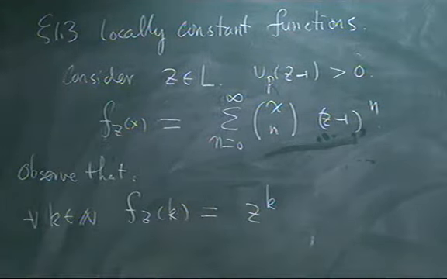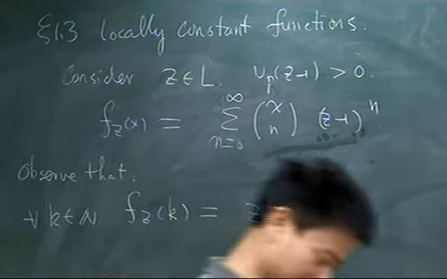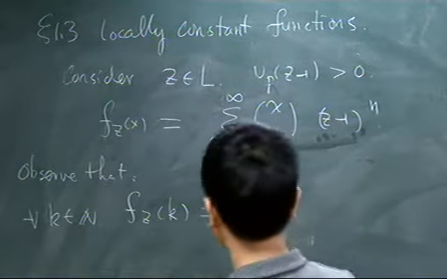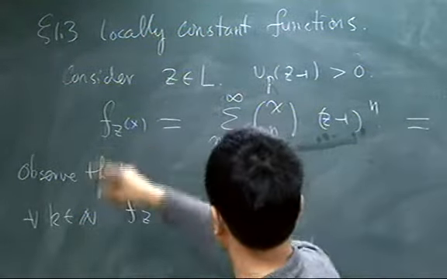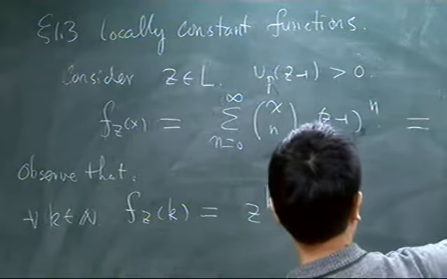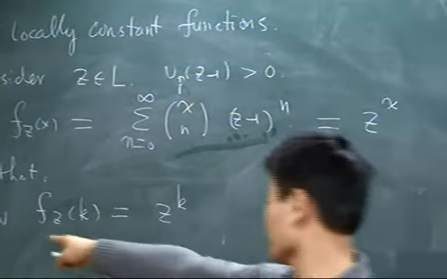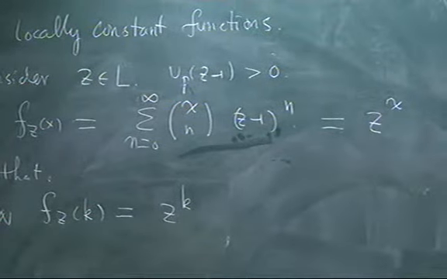This is just Newton's binomial theorem. You just expand it, right? This is just z to the power k. So instead of f_z(x), we just write this as z to the power x, because for x equal to k you get z to the x.